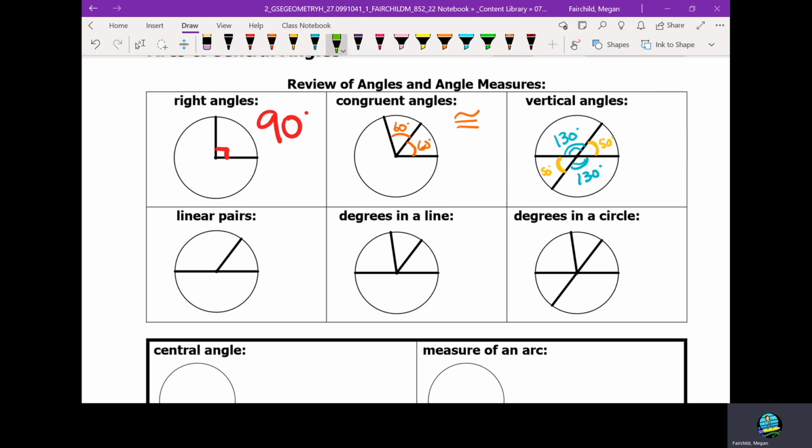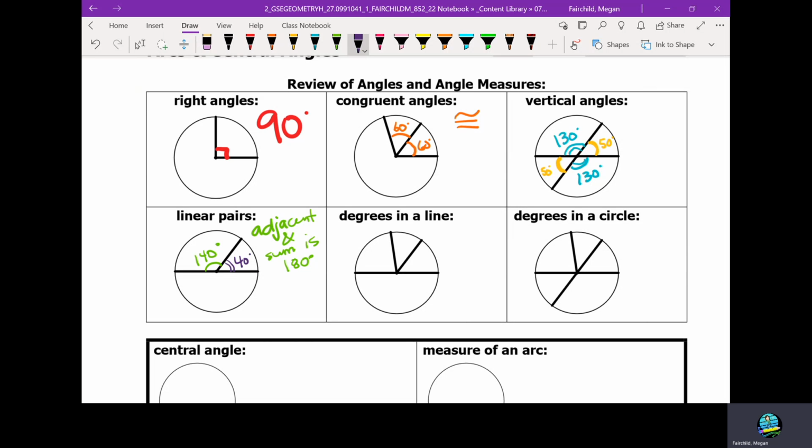All right, linear pairs. They are adjacent to each other and their sum is 180 degrees. Okay, so if this angle right here is 100 and, I don't know, 40 degrees, then this angle right here would be 40 degrees because those are a linear pair.